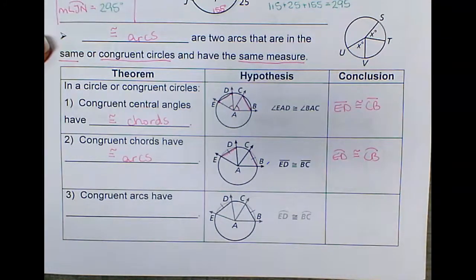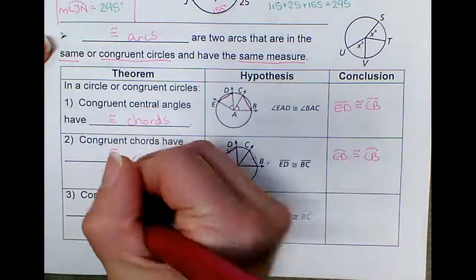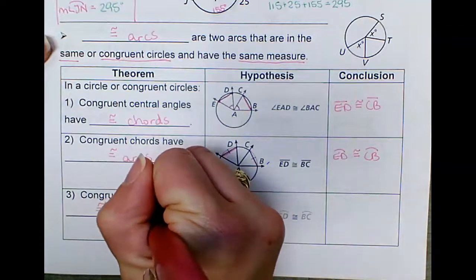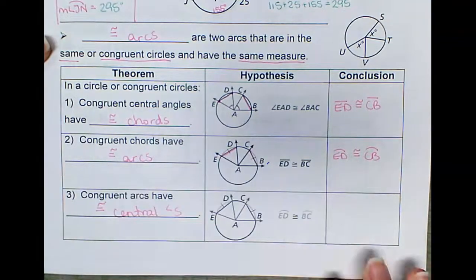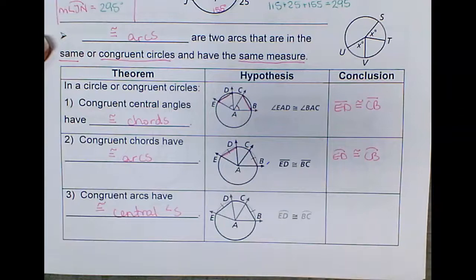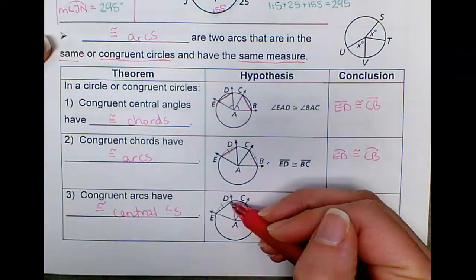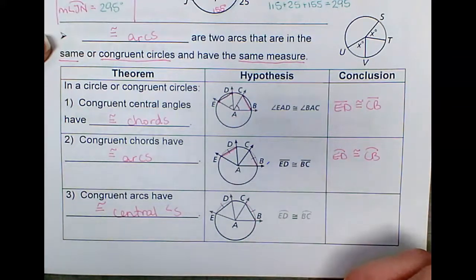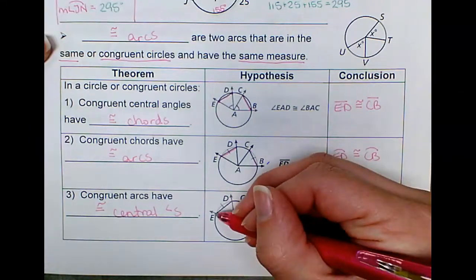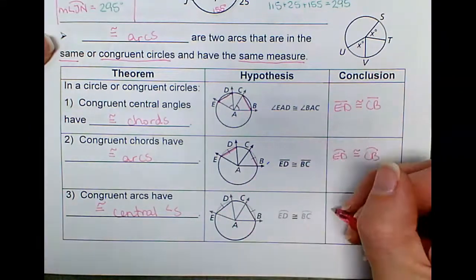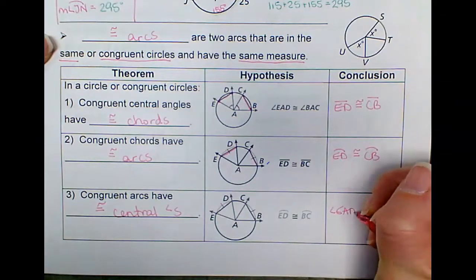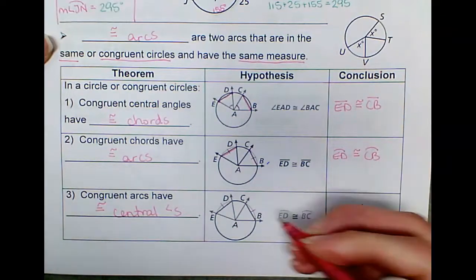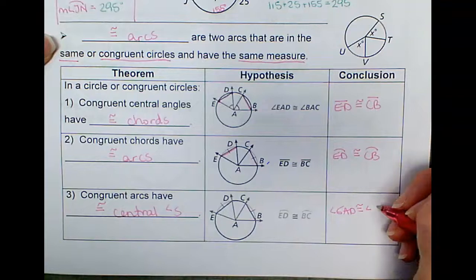And then finally, congruent arcs have congruent central angles. So if I have congruent arcs, ED and CB, I can conclude that the central angles of those arcs are also congruent. So angle EAD is congruent to angle CAB.